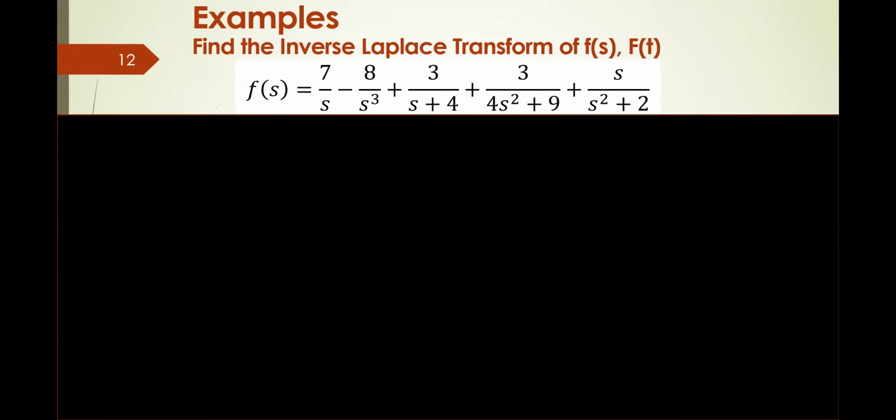Let's try to recall first what we have for our Laplace. Let's just say we have an F of t and an F of s. For the constant, what is the F of s, guys?